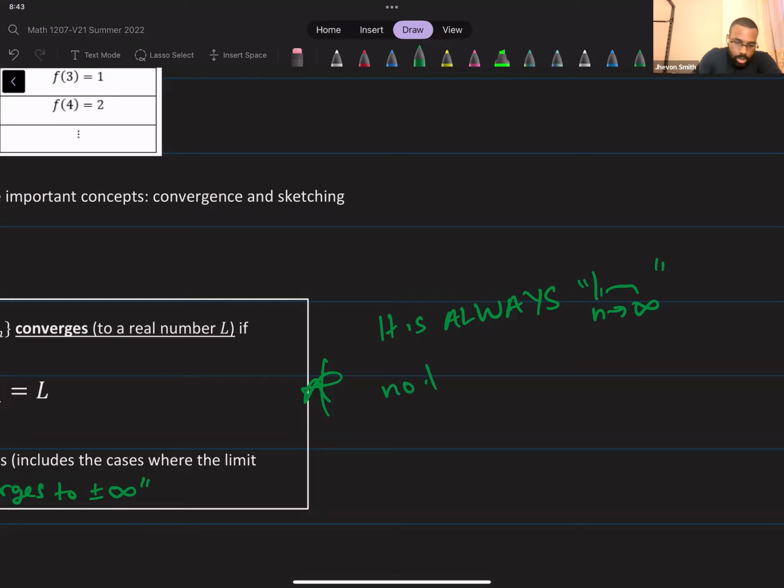No other limit as n approaches some number will make sense, and we'll talk about why that is the case.